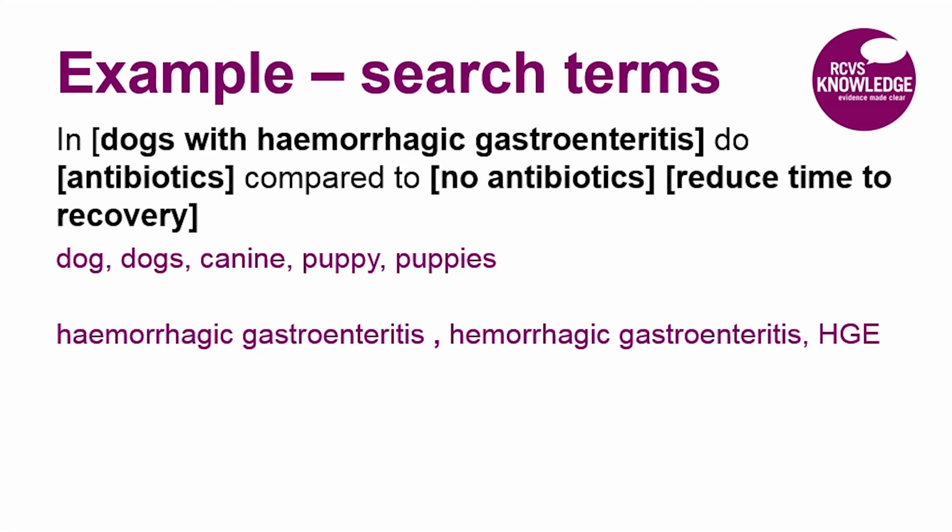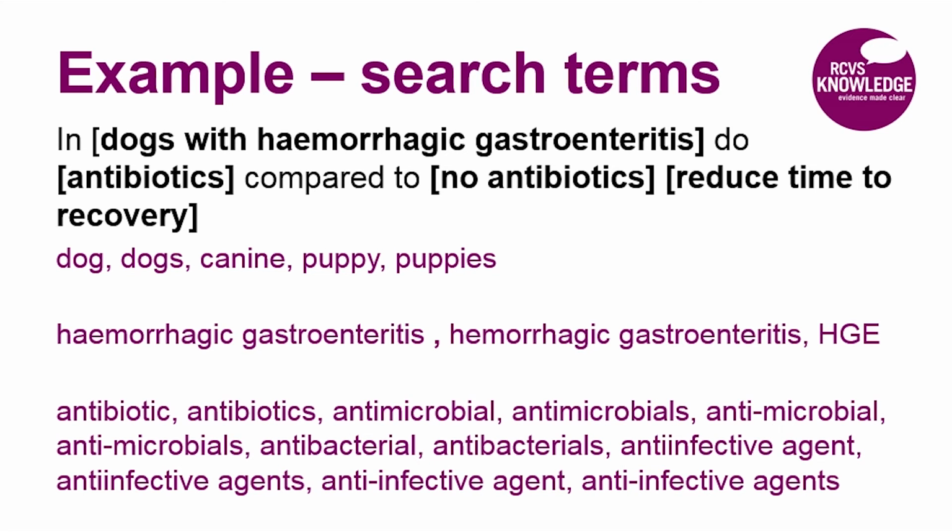Typos do sneak through. And lots of words to search for the simple antibiotic. Experience within the team suggests you do have to include all of those words, all of those variations to get literature around antibiotics. Okay. Does that make sense? Yeah?